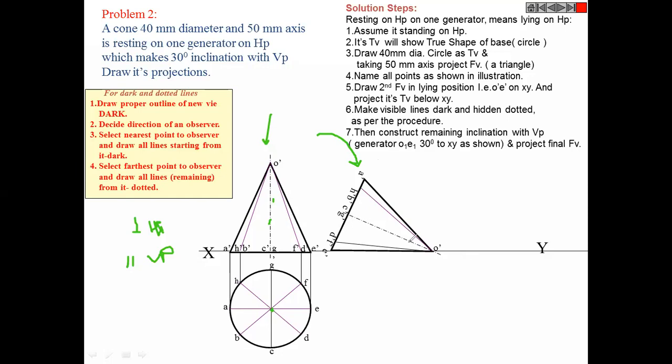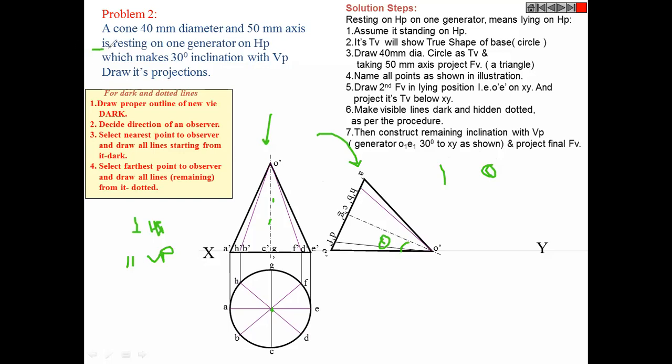Now it is inclined at some angle. We don't know what angle it is. At times, in projection of solids or projection of planes, whatever it is, we need to find the projection when it is inclined mostly to HP and VP both. Either you will be given the angle directly, theta, whatever angle with HP and with VP, or you will be given a description.